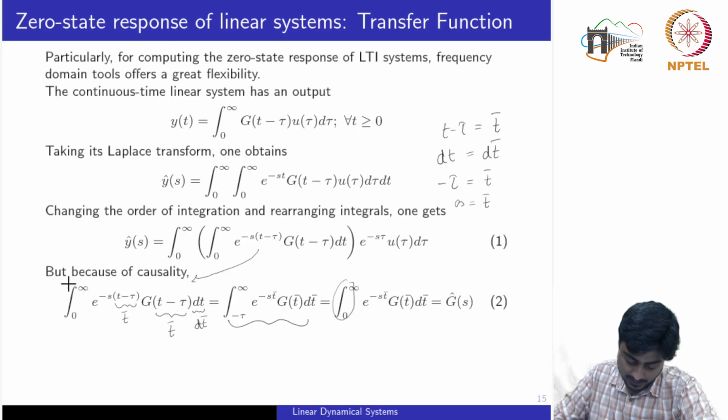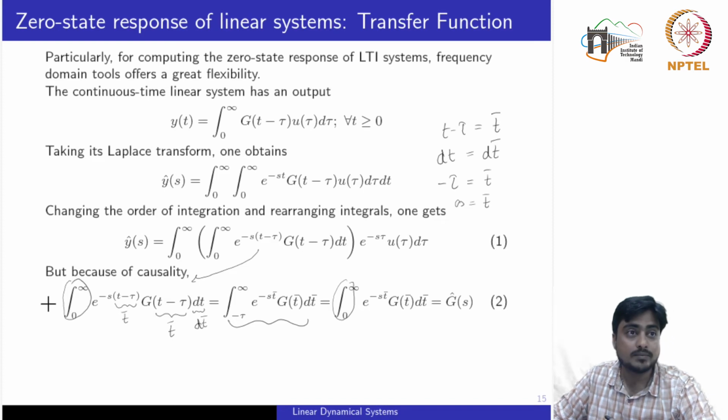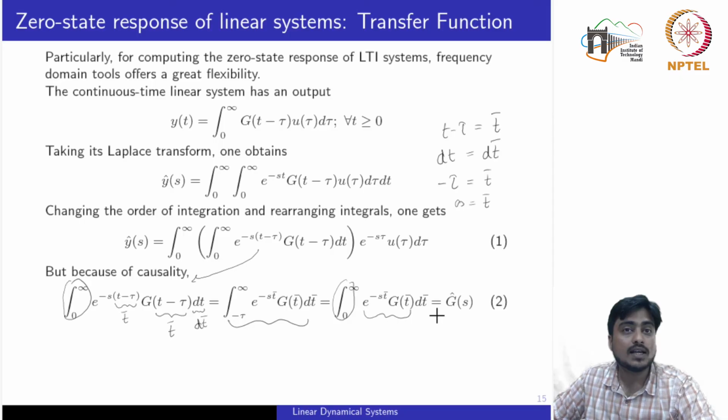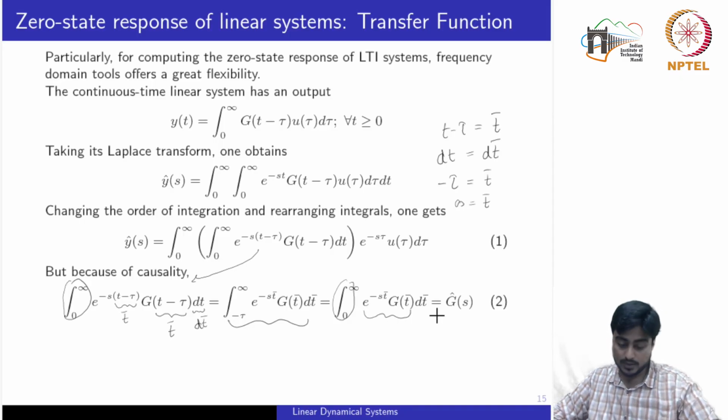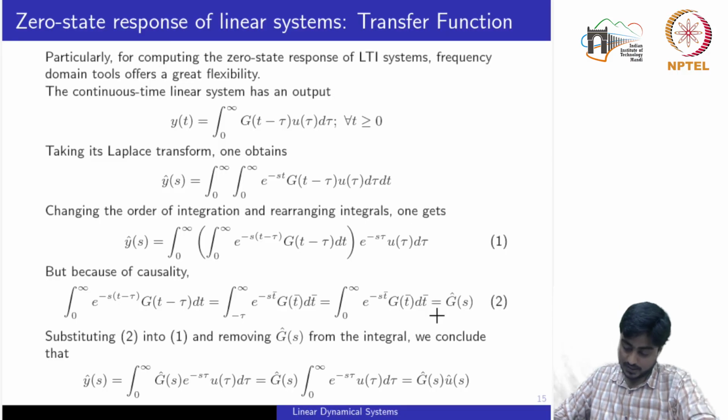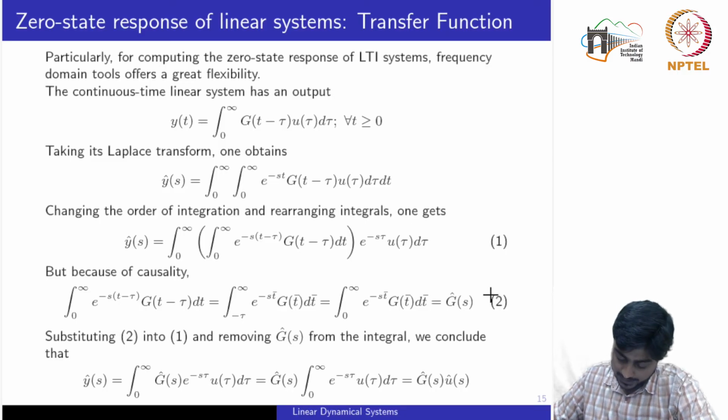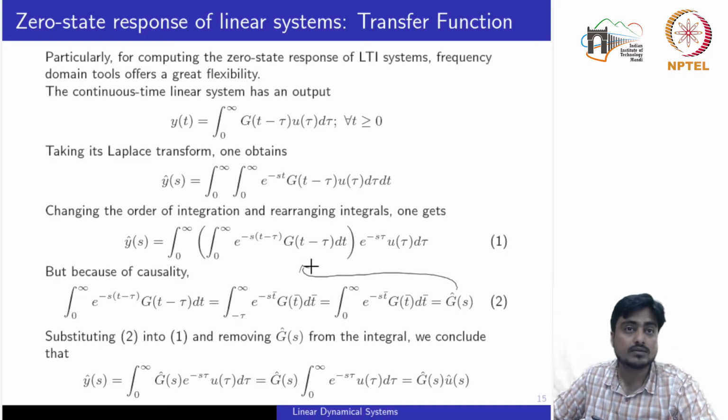So this integral would now remain the same, and this part can now be written as the Laplace transform of the impulse function, which was defined in the time domain. Now substituting 2 into 1 and removing g hat of s, because this g hat of s should go here. Notice that we are taking the integral over tau, and g hat of s becomes a constant for this integral.